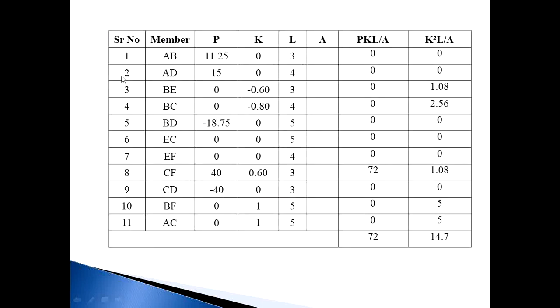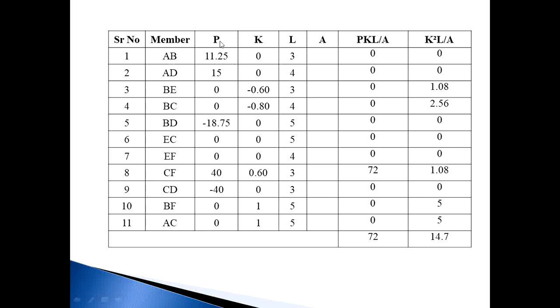So put all values, that is P values, K values, L, means form a table: serial number, member, P, K, L. Area is a constant, so I leave it blank as it is. Then PKL by A and then K square L upon A. So members AB, AD, BE, BC, BD, EC, EF, CF, CD, BF, AC.